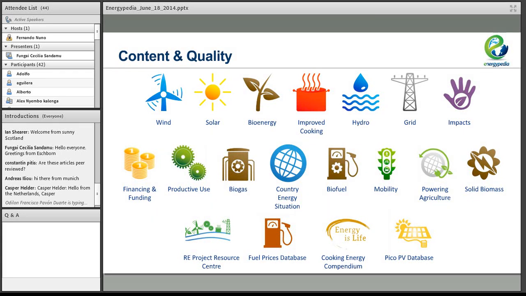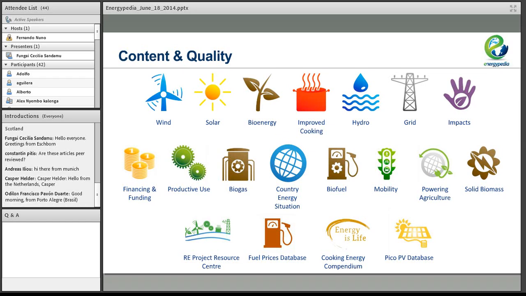So we are constantly striving and asking our community to work on adding content to these many tools that we have existing on the platform. Recently also, we have launched the Powering Agriculture portal, which highlights the nexus between energy and agriculture.